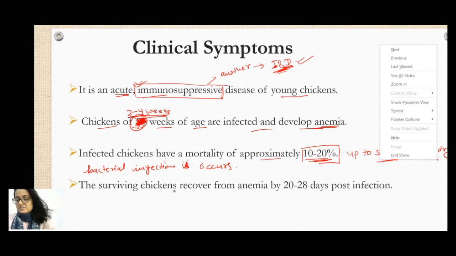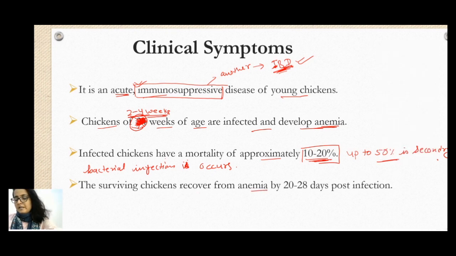The surviving chickens recover from anemia by 20 to 28 days post infection. After 20 to 28 days, recovery of the chickens starts.